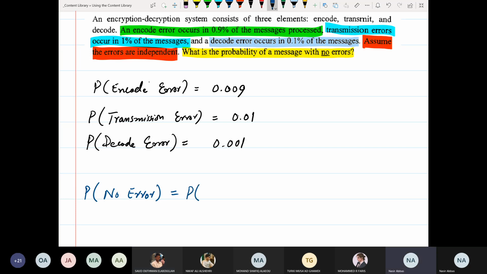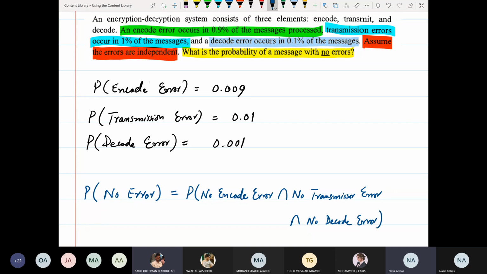Exactly like Saud said, probability of no encode error and no transmission error and no decode error.